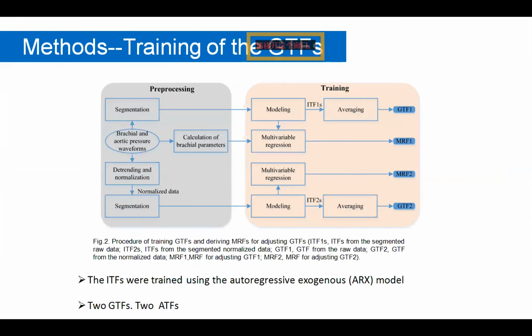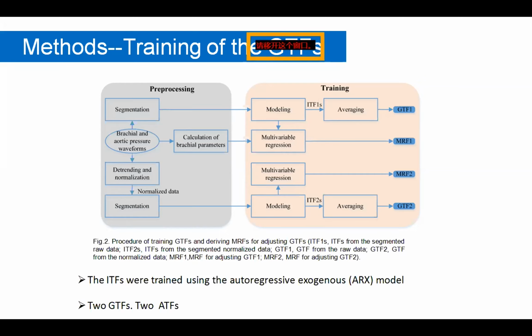Actually, in my study, two groups of individual transfer functions were trained using the autoregressive exogenous model. The first one is from the original data and the second one is from the normalized data. Thus, I obtained two GTF and two ATF.